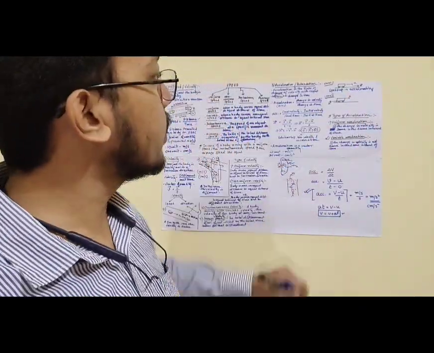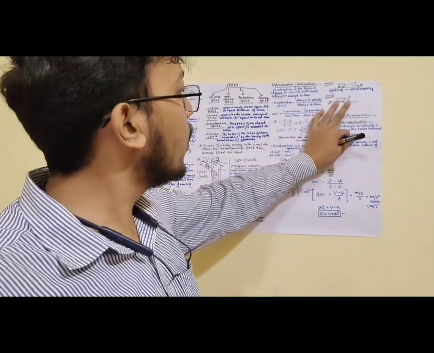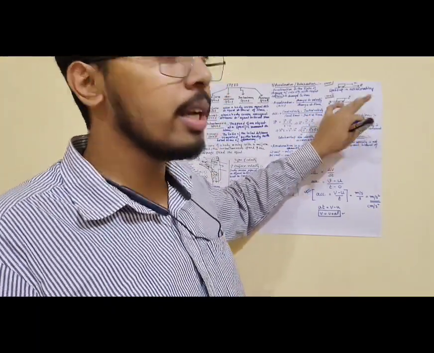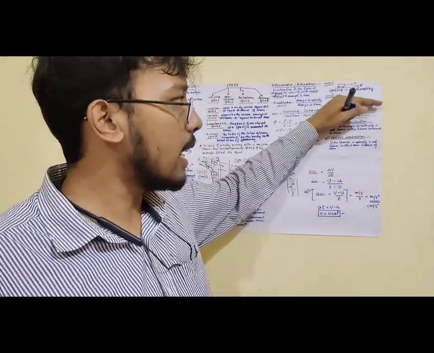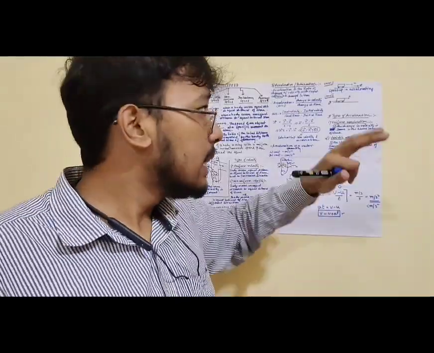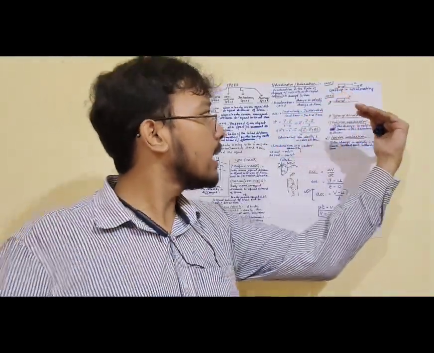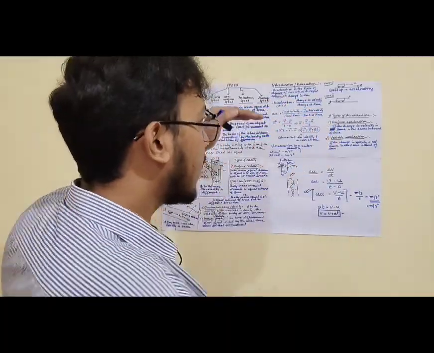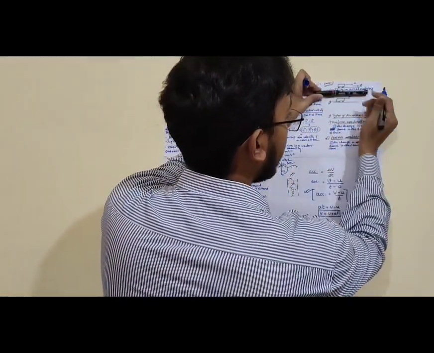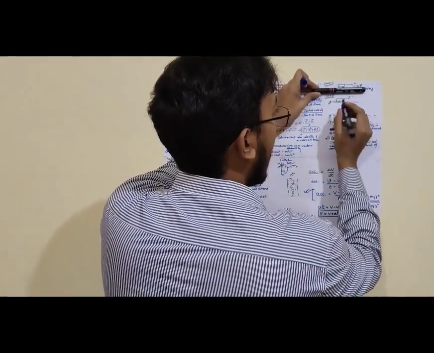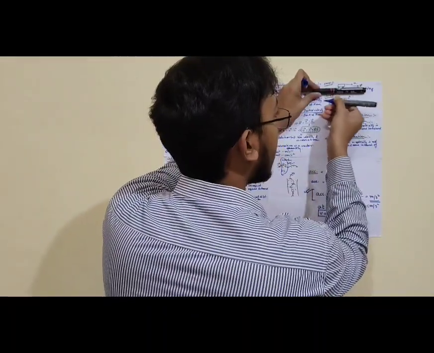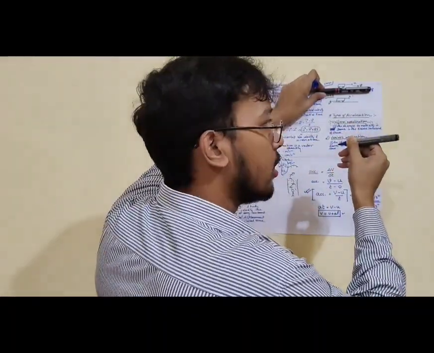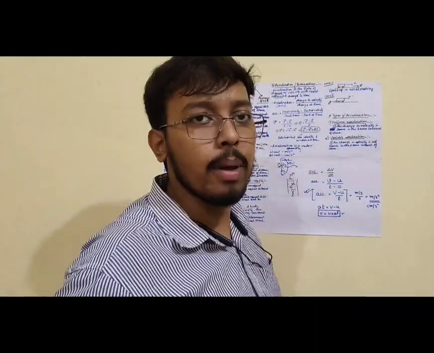Now in the second case you can see that the car is moving with a velocity u in this direction, but the acceleration is acting opposite to the direction of the motion. Due to this, what will happen?